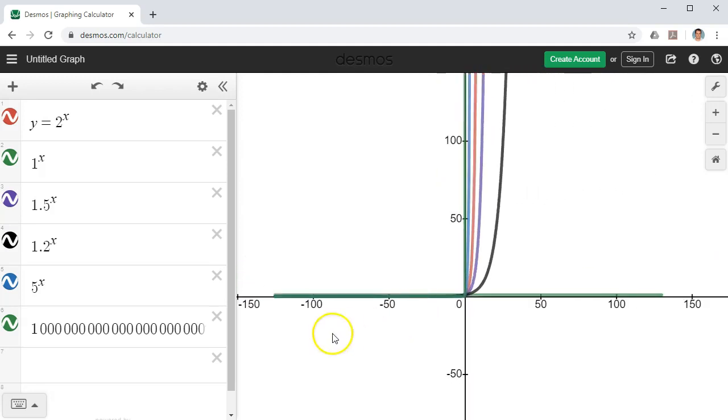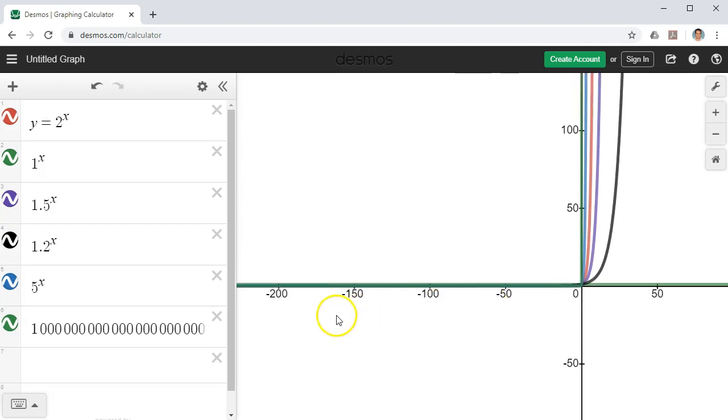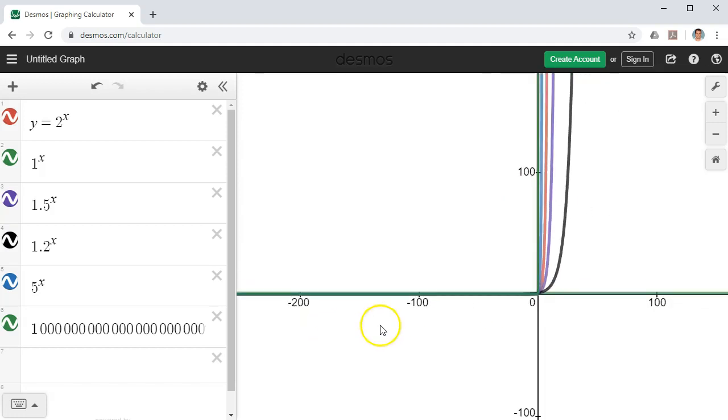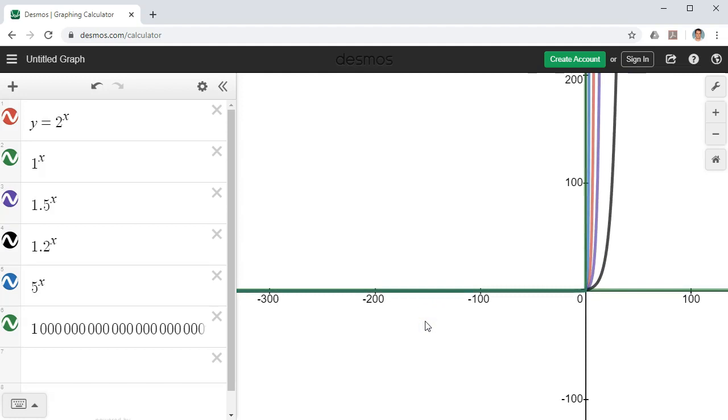If we look at the graphs, do they ever go below the x-axis? And the answer is no. No matter how far I zoom out, they will never go below the x-axis. In fact, they don't even touch the x-axis. The graphs will get very close to the x-axis, but they never touch it and they never cross over it.